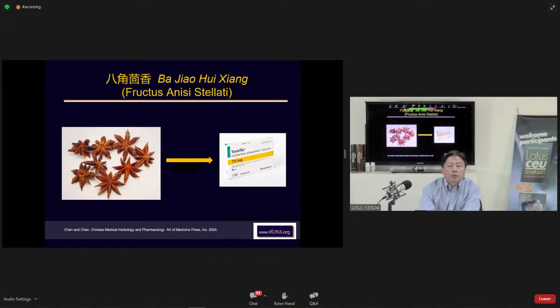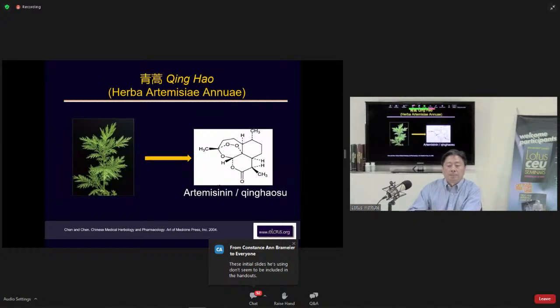It's also used frequently in Chinese cooking, to give the food a little bit more flavor and spice. Okay, but the drug company was able to identify the raw compound within the herb, extract it, and then subsequently make it into a drug, Tamiflu, for viral infection. Okay, so once again, this is an antiviral drug, and it also comes from natural sources. And in this case, it comes from a Chinese herb.